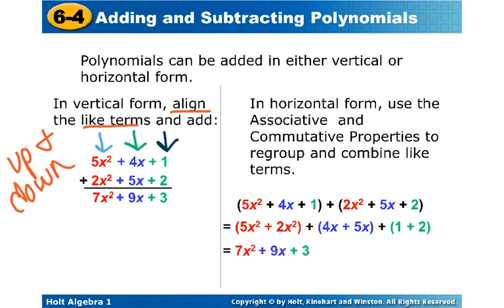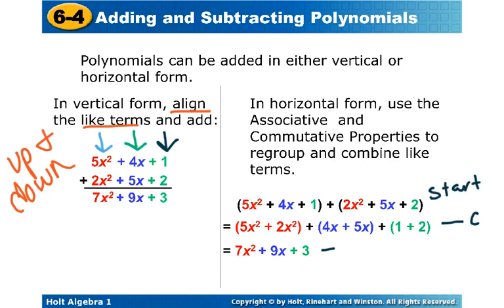Now, the other form is horizontal form, and this is kind of like what we've been doing with the combining like terms. So what they do with horizontal form, if you notice, is that they combine all of the like terms first, and then they simplify. Okay, so this is the start.